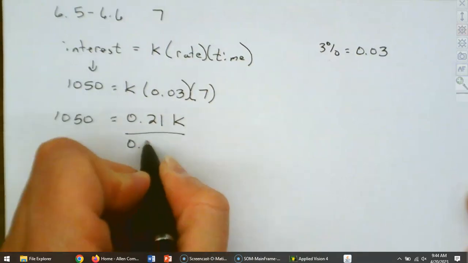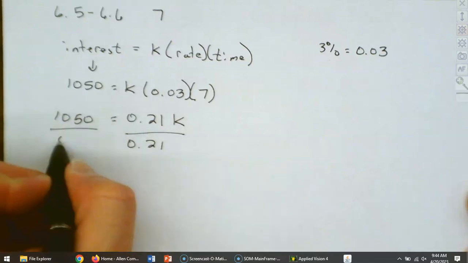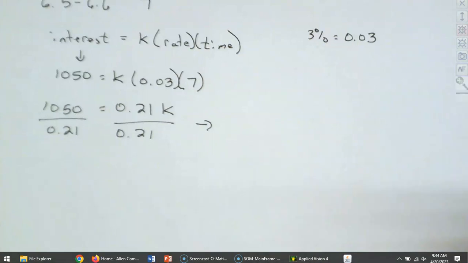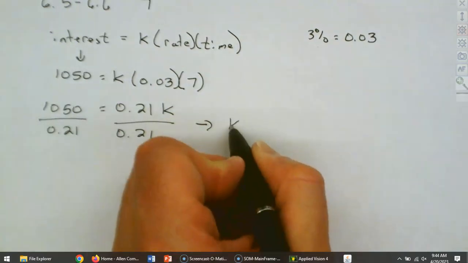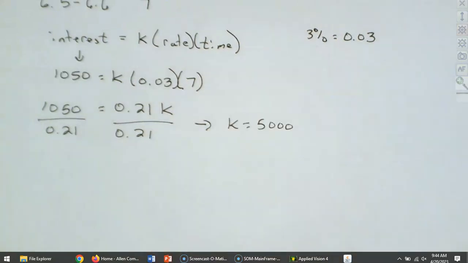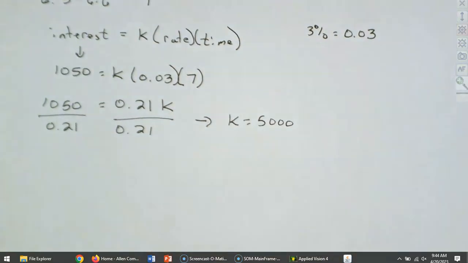Then we'll divide by 0.21, and that is going to leave us with our value of K. So 1050 divided by 0.21 gives you a K value of $5,000. In this case, K is the principal, how much money you started with.